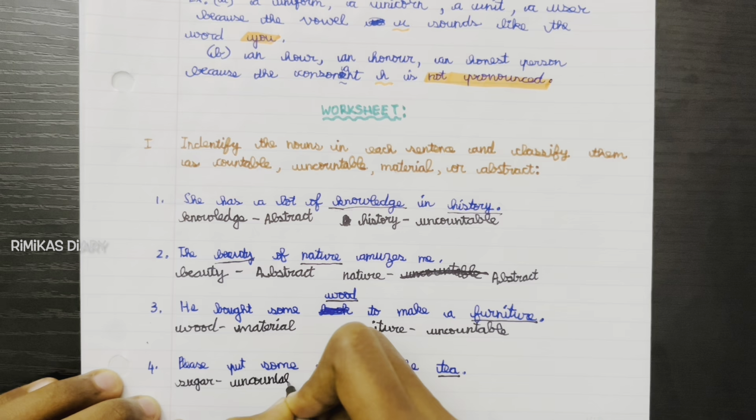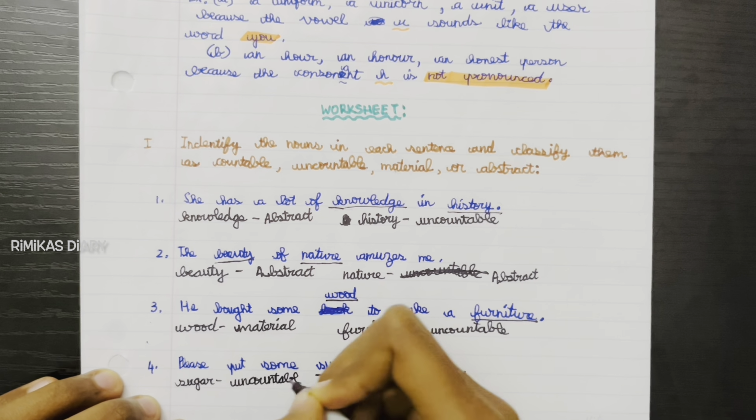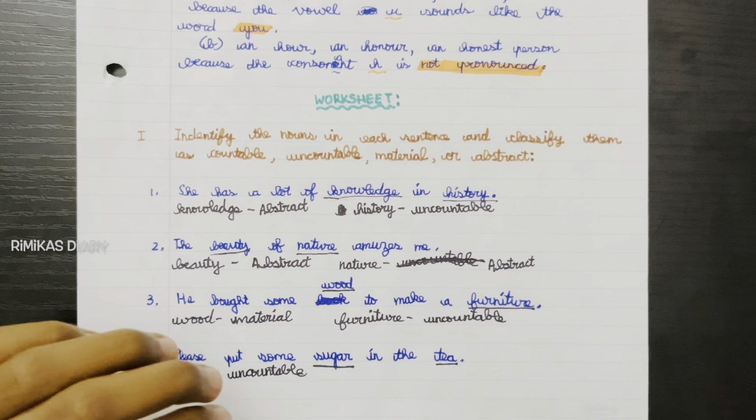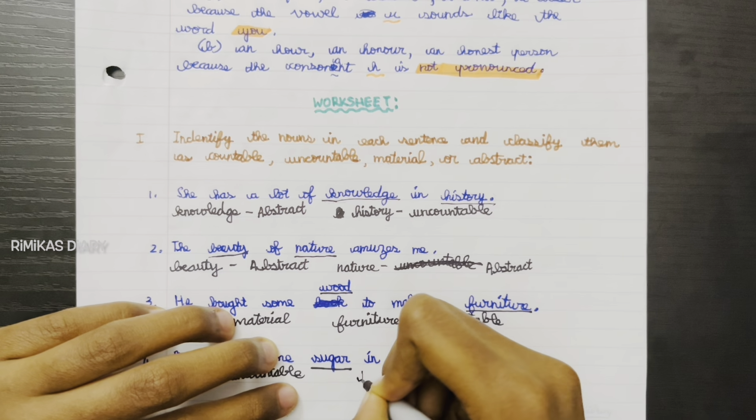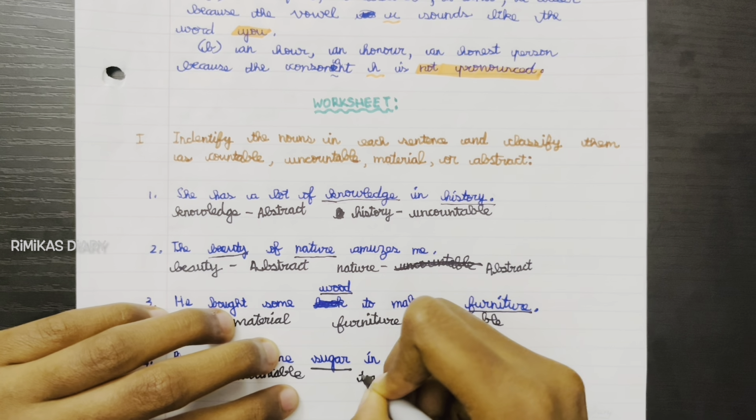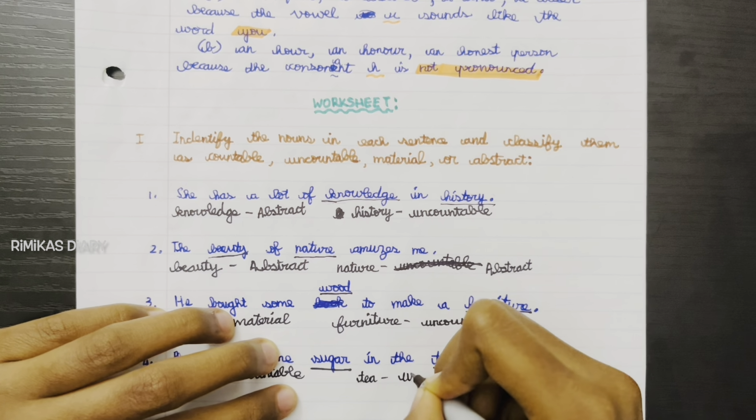Fourth question. Please put some sugar in the tea. So sugar, tea. So sugar. Sugar is an uncountable noun. Next, tea. Tea is also an uncountable noun.